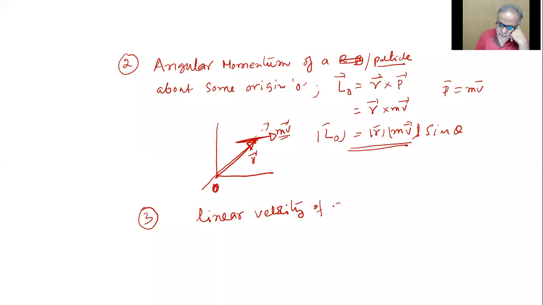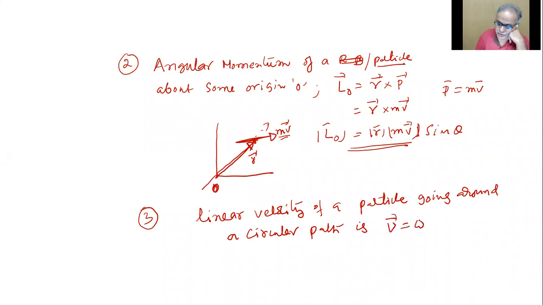Of a particle going around in a circle, not even a circle in general, but to make it easy I'm writing it as a circular path, is V equals omega cross R. Omega is the angular velocity vector.